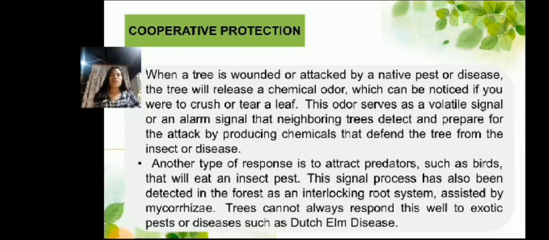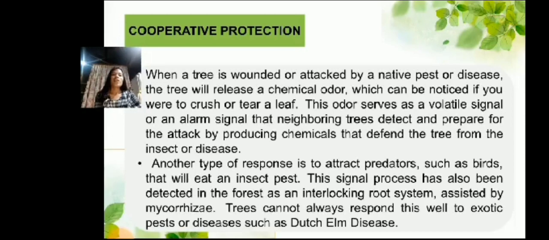Another type of response is to attract predators, such as birds that will eat an insect pest. This signal process has also been detected in the forest as an interlocking root system assisted by mycorrhizae.